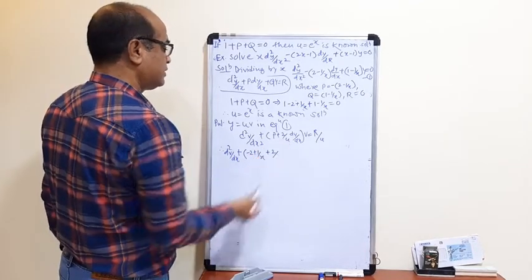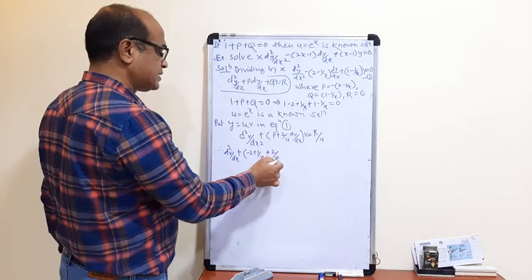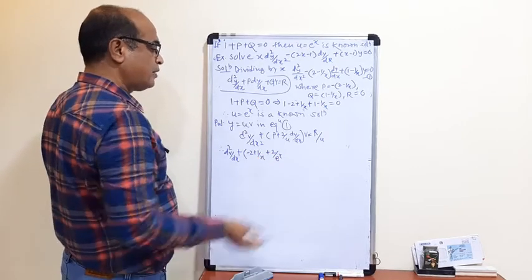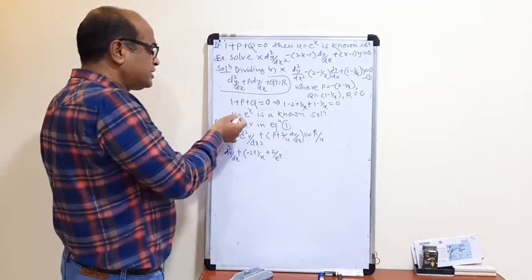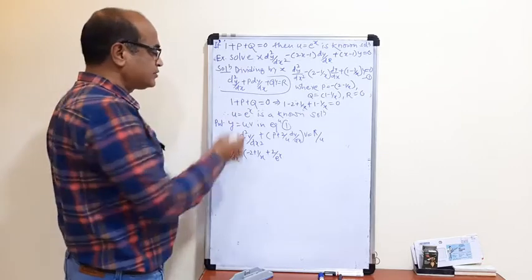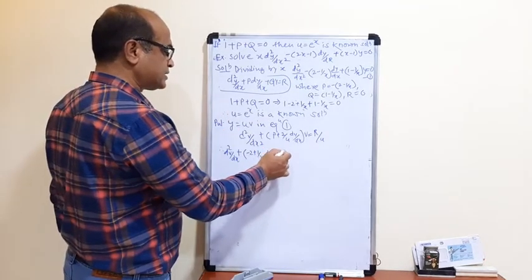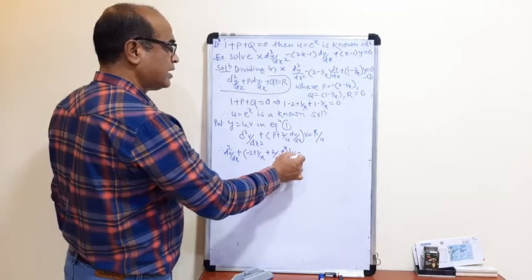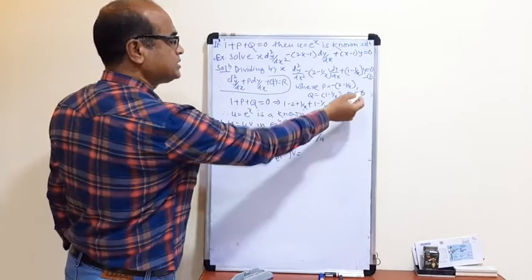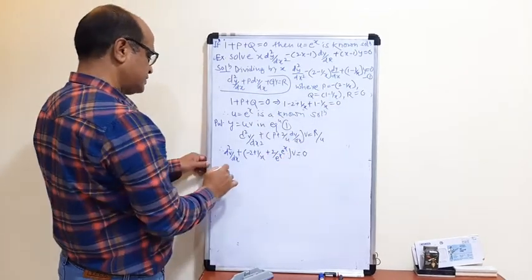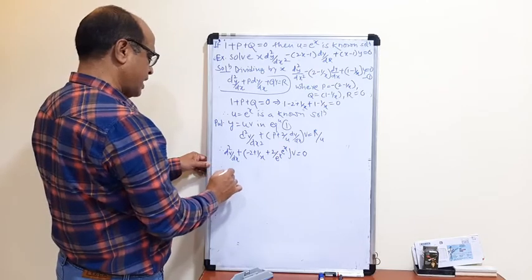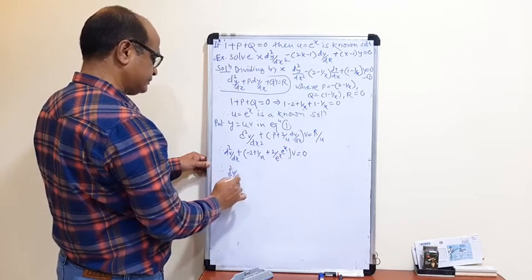What is u? U is e raised to x. And what is du by dx? The derivative of e raised to x is e raised to x, into v. And what is r? R is 0. So this is 0.